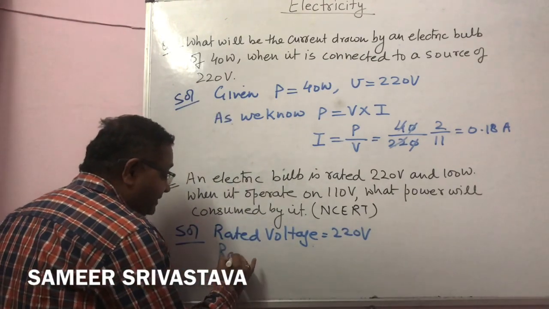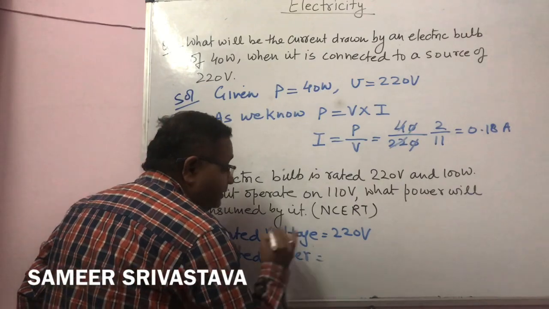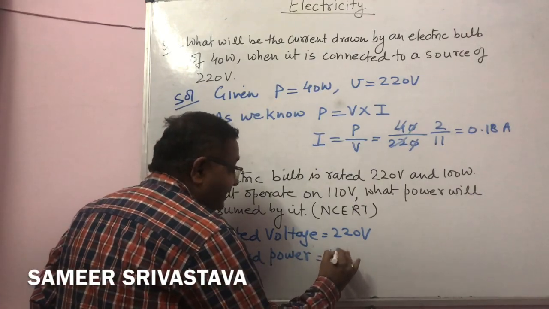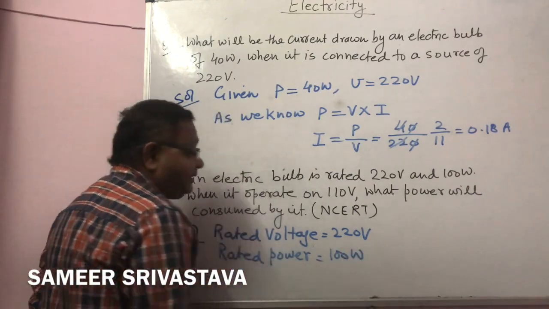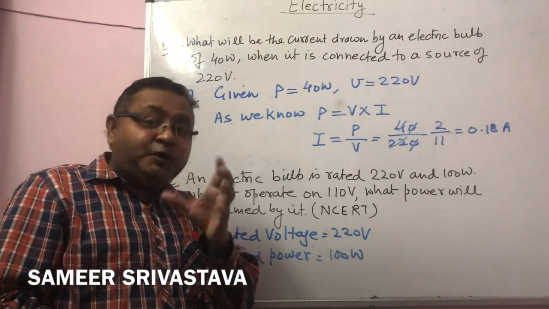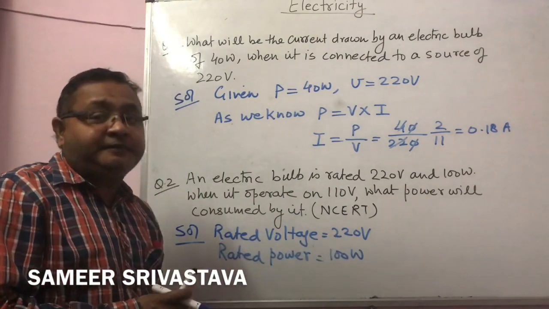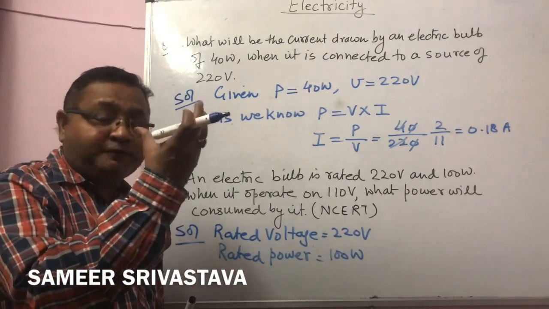Rated power is given as 100 watt, right? Now the bulb has a resistance, and the value of the resistance is unchanged. So first of all, by these two parameters we have to find the resistance of that bulb.